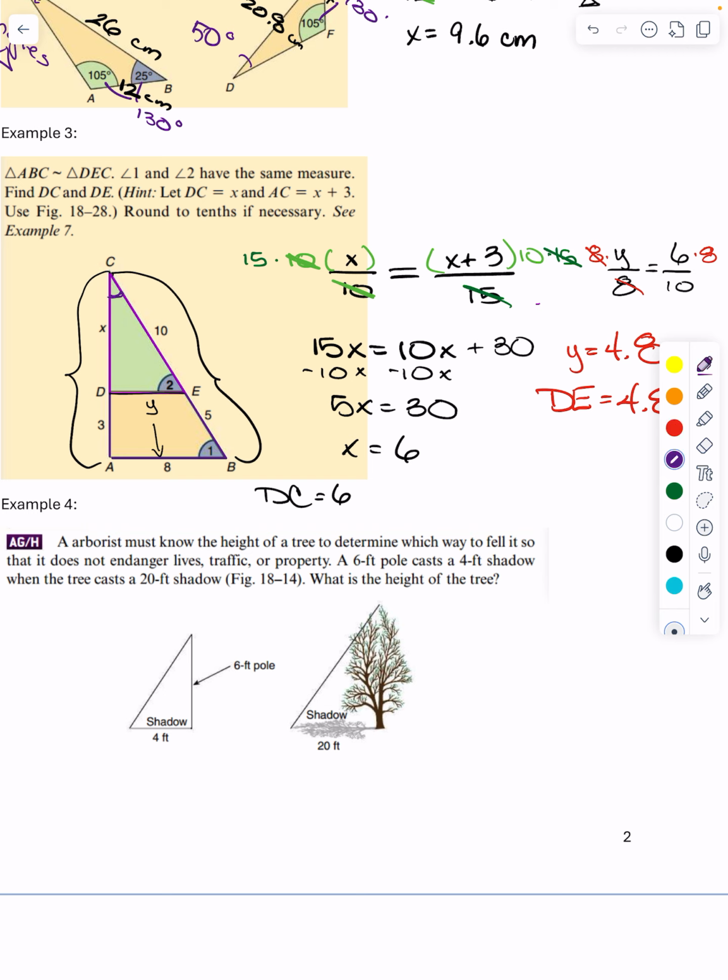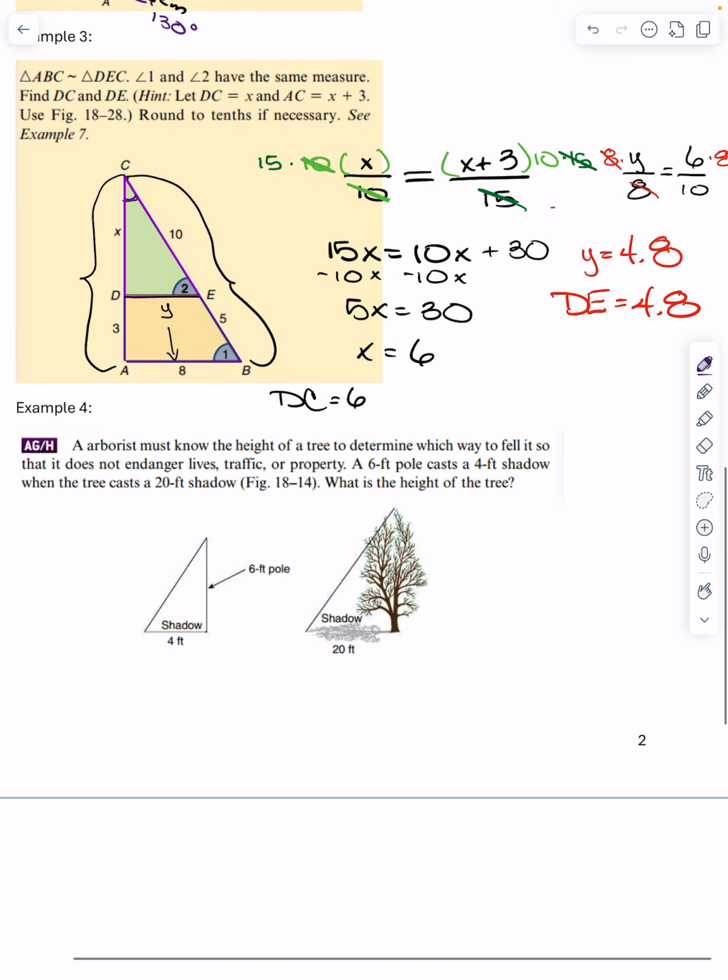Last one we're going to look at is an application problem, because a lot of times we can make sense of this when we think about what happens in the real world. Okay, so we are trying to find the height of a tree so that we can drop this tree and it doesn't hit a house, a car, a person, or fall into the street.